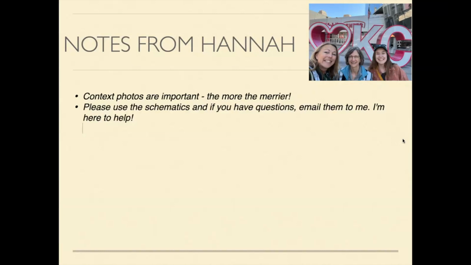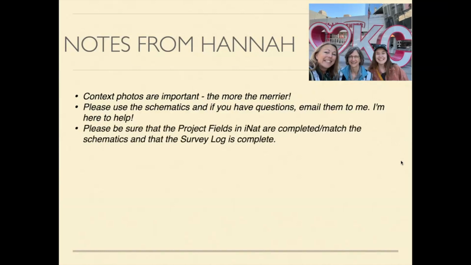She's there to help. And the project fields, so those 4 fields in iNaturalist, are completed and match the schematics, and the survey log is complete. So the survey log is that little spreadsheet that you just saw, where you put how many carcasses you found, even if it's 0.